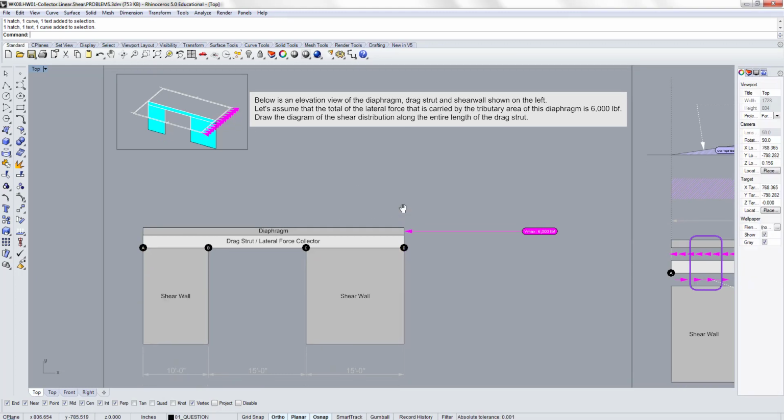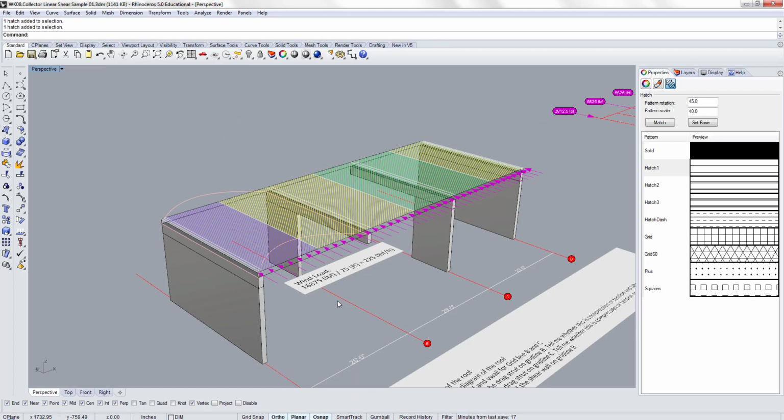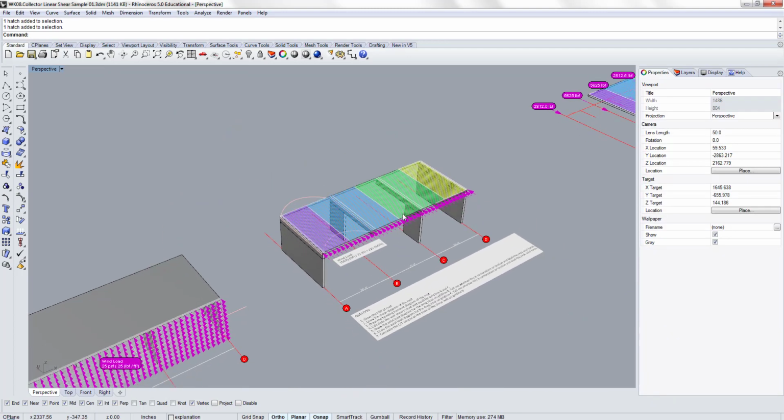And then let's assume that the total of the lateral force that is carried by the tributary of this diaphragm is 6,000 pounds. So, for the result of whatever calculation that I'm going to show you Wednesday, right?